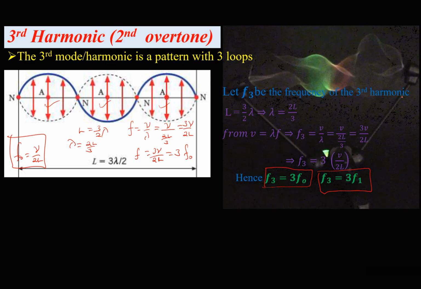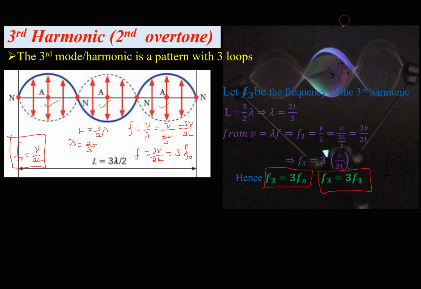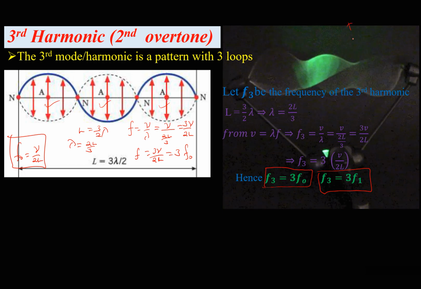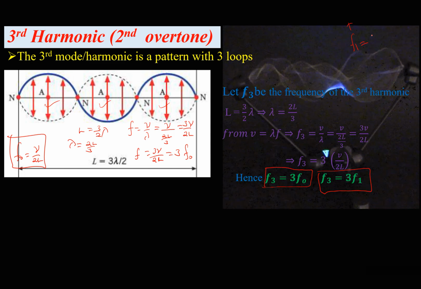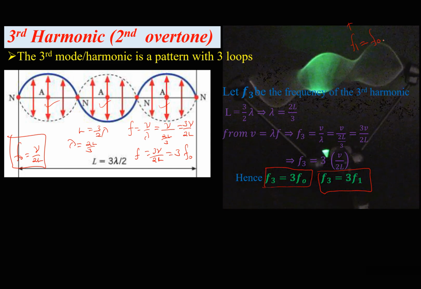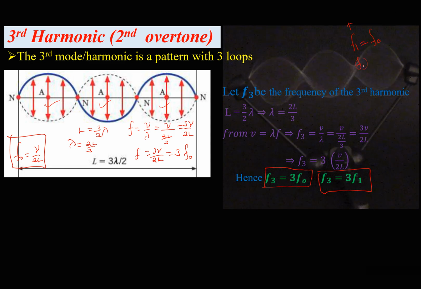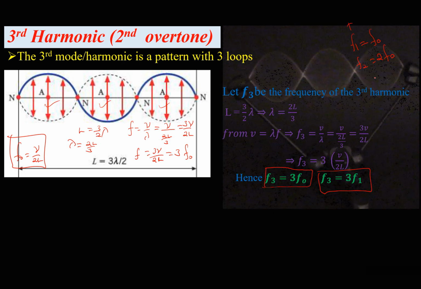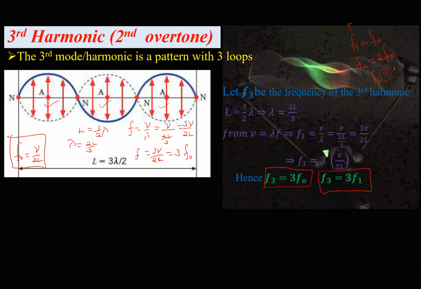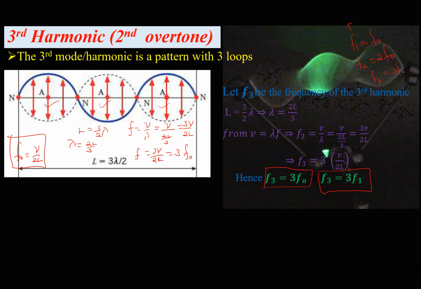If you recall, if you have been following, we have seen that F1 was equal to F naught. We have seen that F2 was equal to twice F naught. And now we are seeing that F3 is equal to 3 times F naught.